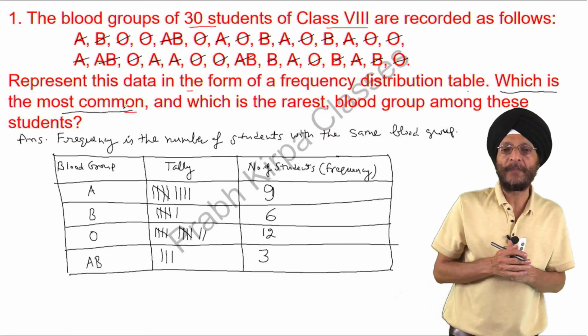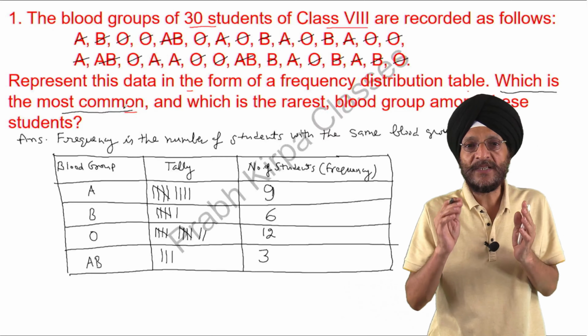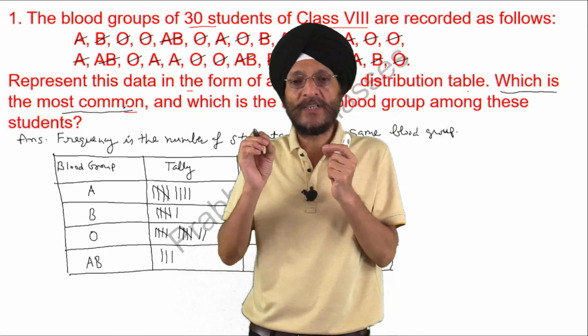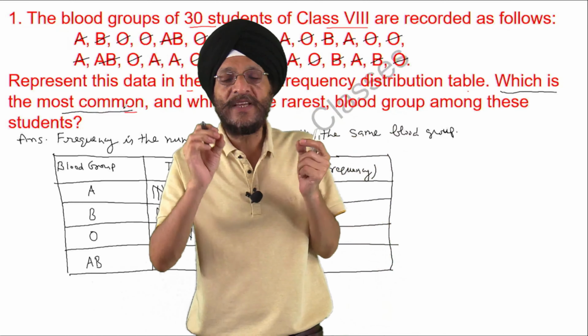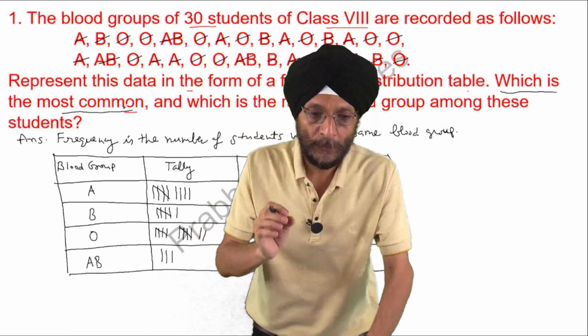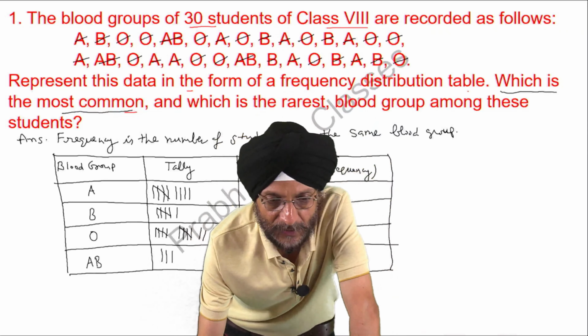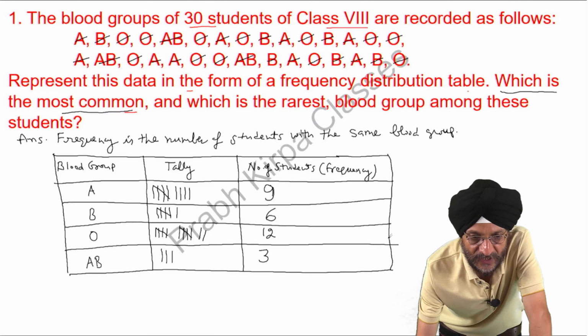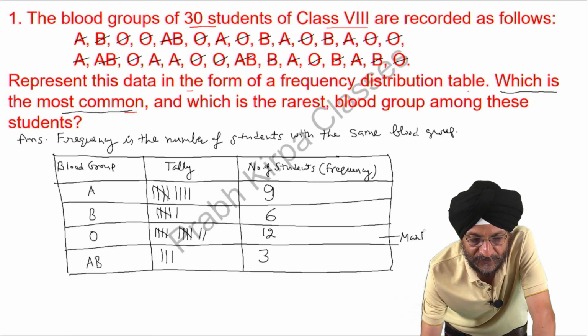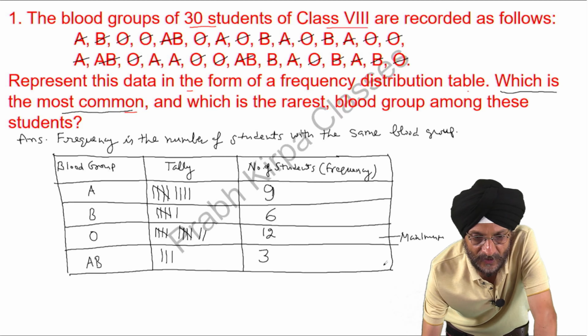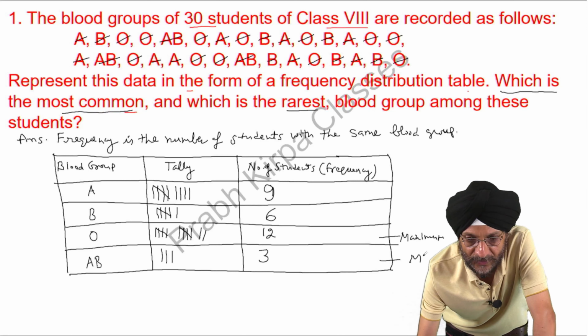Most common blood group means the particular blood group having the maximum number of students. The maximum number of students have been found in the case of O. This is the maximum number. This is the minimum or rarest blood group. This is the minimum number.